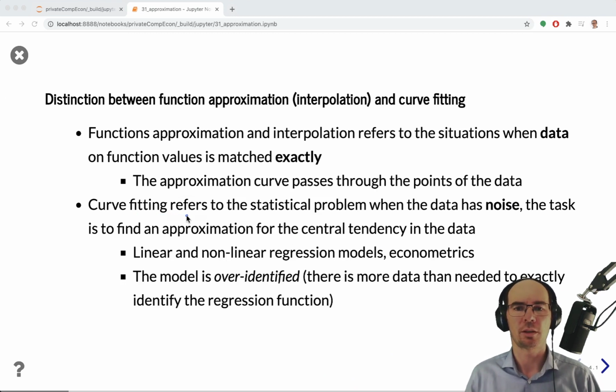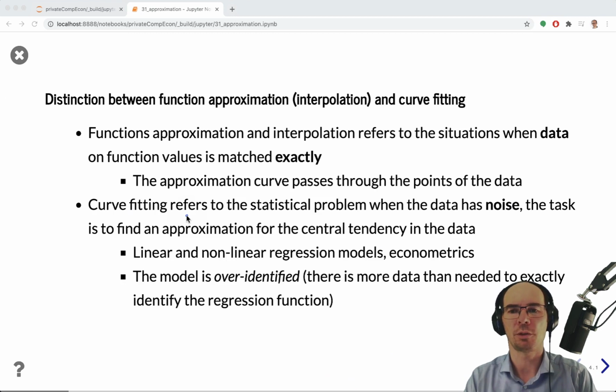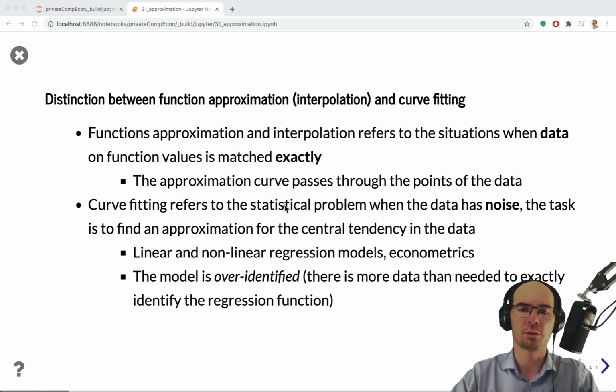So we're approximating a function of interest, but if we have too many points where it's already calculated, then we're technically fitting a curve, although the task is to interpolate.